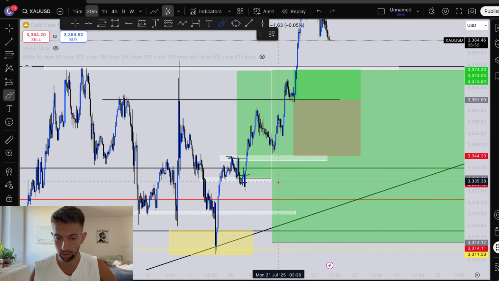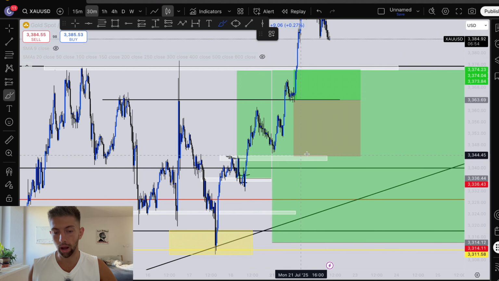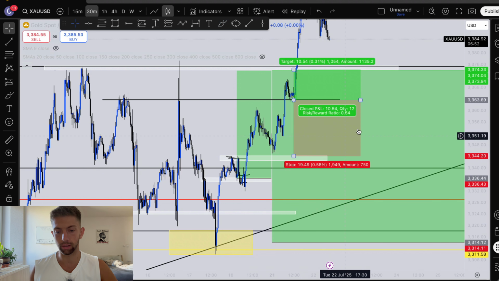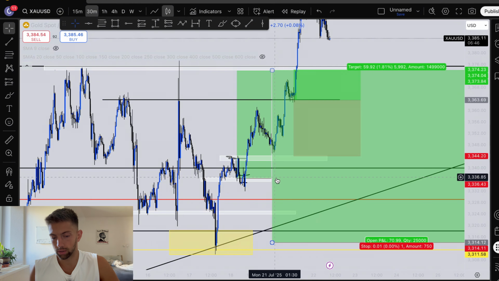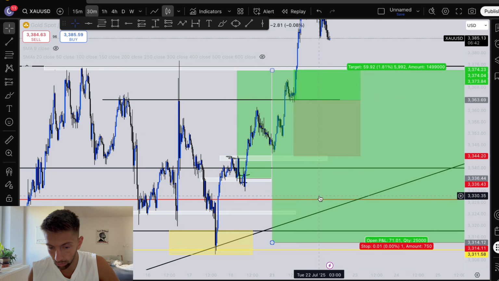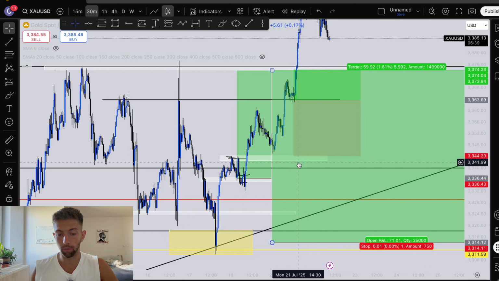These positions were like 1 R in profit, maybe even more. And this was 1 R risk on this position, 1%. So worst case scenario, I would get break even on this trade because this was already 1% in profit. So if price decided to go down and completely reverse on me, I would still be break even.